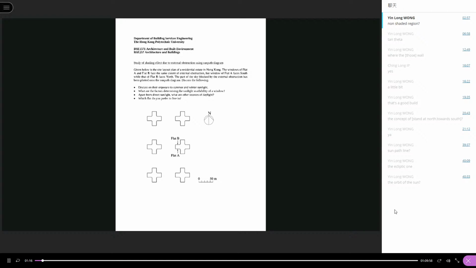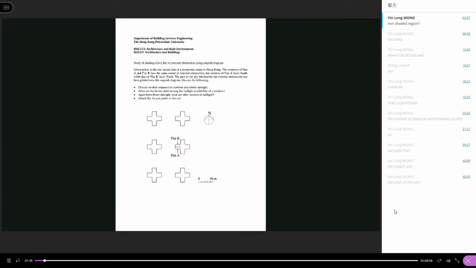So this is the layout plan, and we may have a flat. This may be flat A, and then we have flat B. So flat A and flat B face the same extent of obstruction, same distance.